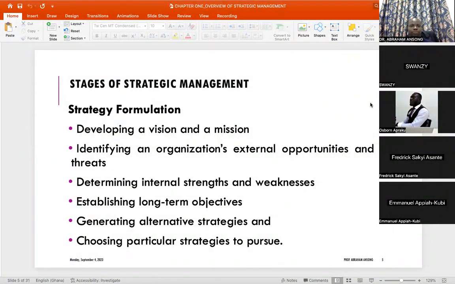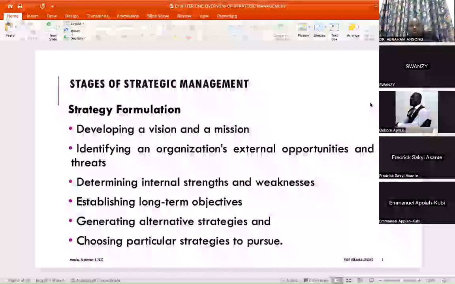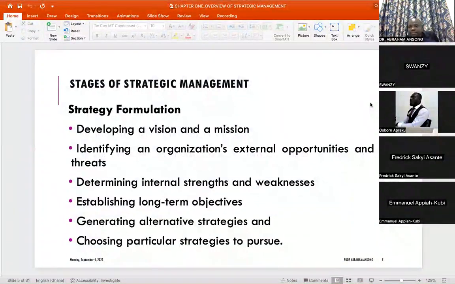These are the variables that, as a strategist, you have to be looking at in order to identify your opportunities as well as your threats. So you don't just go about formulating strategy. You have to know the opportunities and the threats that exist in order to be able to draft or carve out a very good strategy.